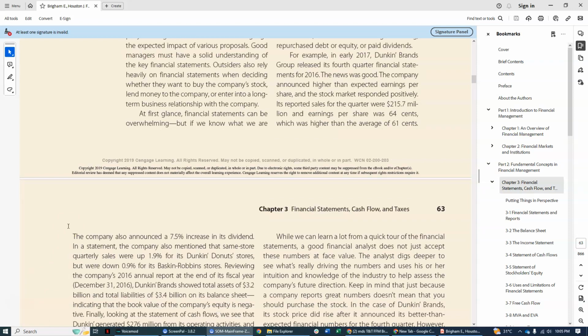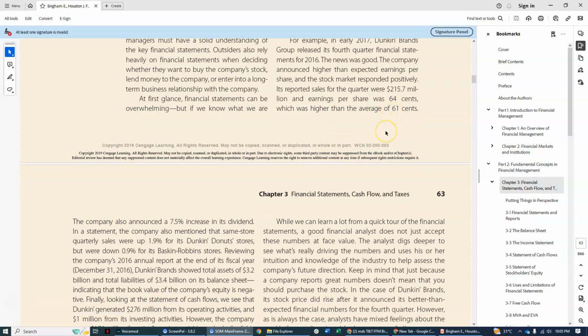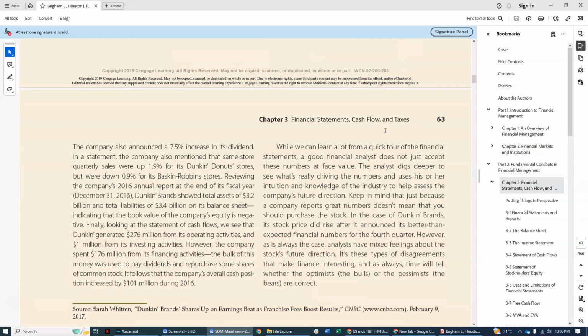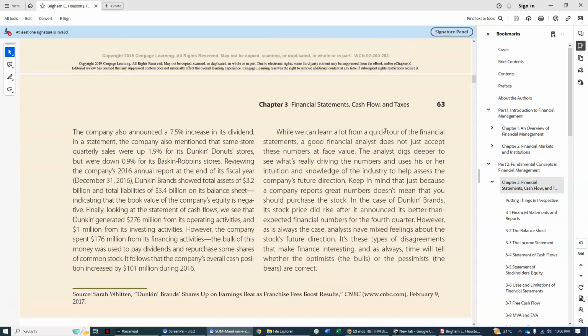Okay, so for example, here's a quick analysis of the Dunkin' Brands Group, which released its fourth quarter of 2016. The company announced that the earnings per share went up to 64 cents from 61 cents. Sales for that quarter were 215.7 million, the company announced a dividend increase of 7.5, and they have quarterly sales up 1.9.